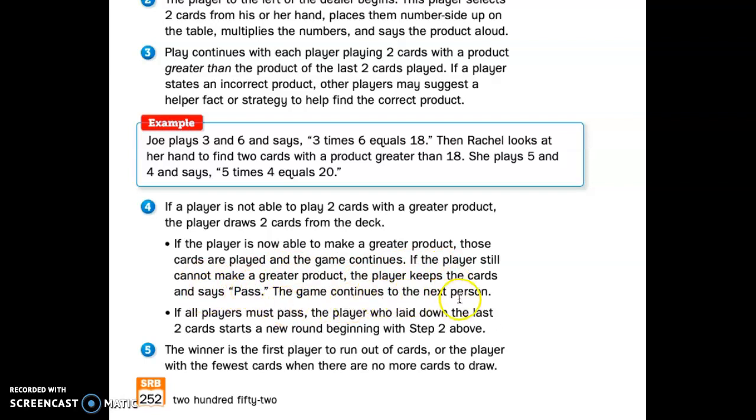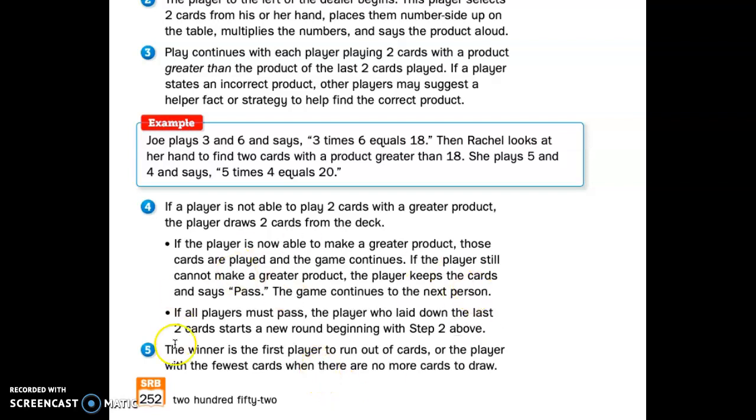The game continues to the next person. So if I pick up a card from the middle when I can't go, and I look at it and say, oh, now I can make a product that's greater than 18, then I lay it down. But if I still can't make a product greater than 18 or the answer from the person before me, I just say pass, and then it moves to the next person.